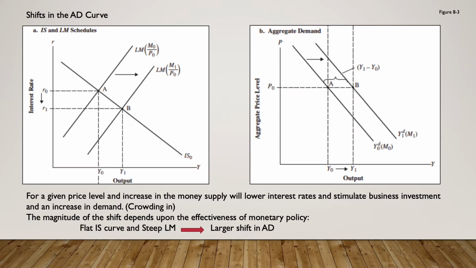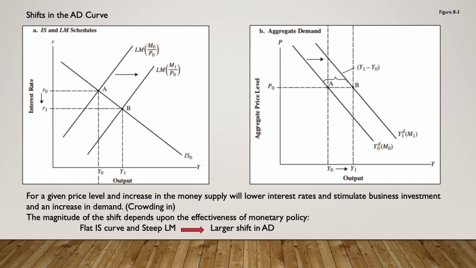Now, we looked at movement in the LM curve, and if it's motivated by price changes, then it is modeled as a movement along the aggregate demand curve. But if it's motivated by something other than price changes, then it's thought of as a shift in aggregate demand. So let's take a look at this connection between movement in LM and movement in AD.